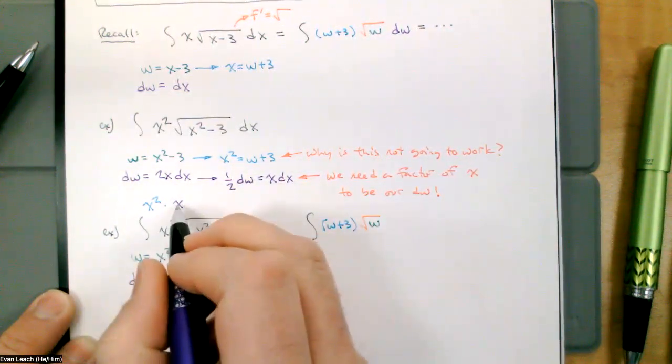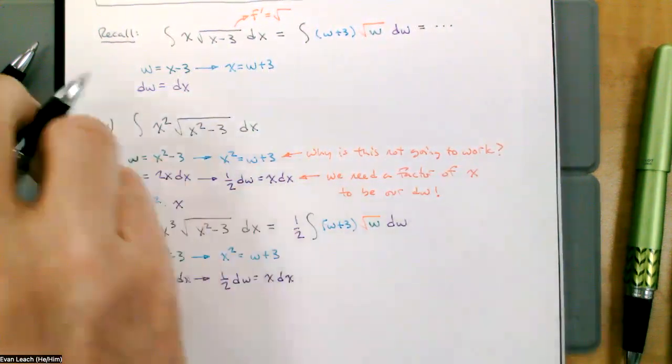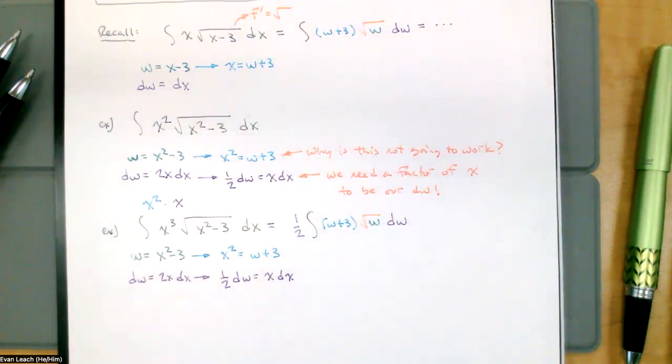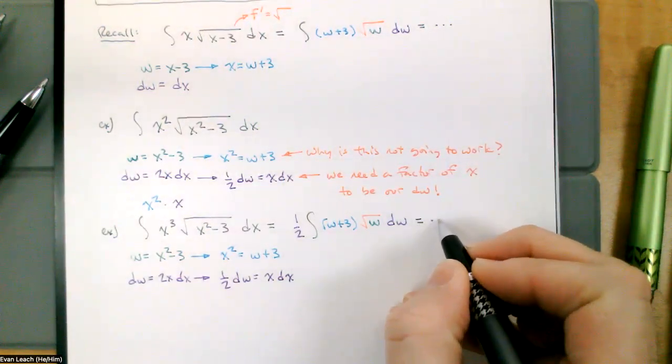And this x and the dx can be replaced with 1/2 dw. So having that x cubed out in front makes this look like our original problem at the top of the page. Notice that all that happened was we have that 1/2, and those extra powers of x, the x squared, is contained in that w. And here we can proceed as we did before.